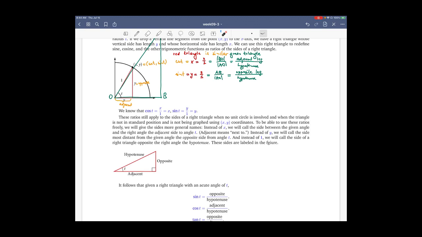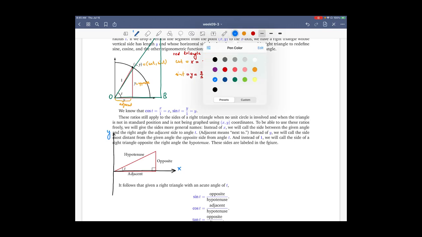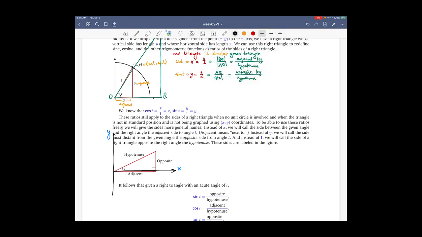We can always put a unit circle here and introduce coordinate axes so that this here is the x-axis, this here is the y-axis, and this here is the unit circle.